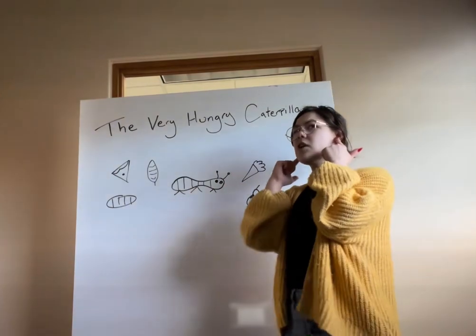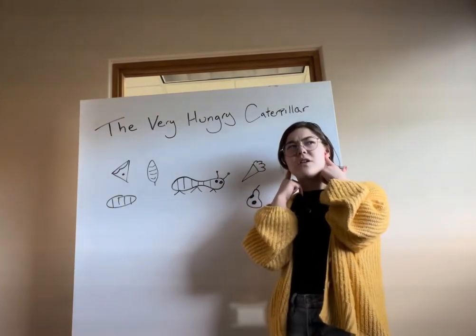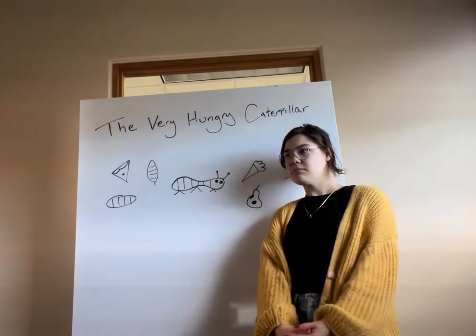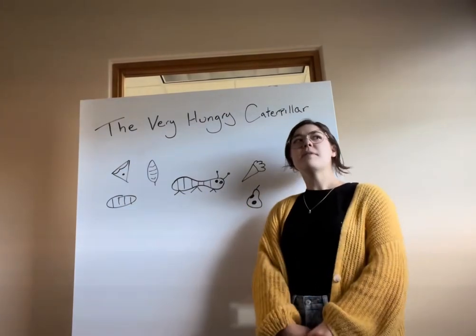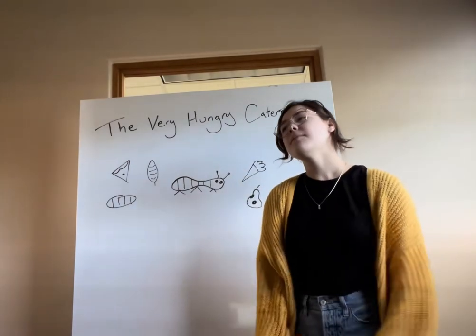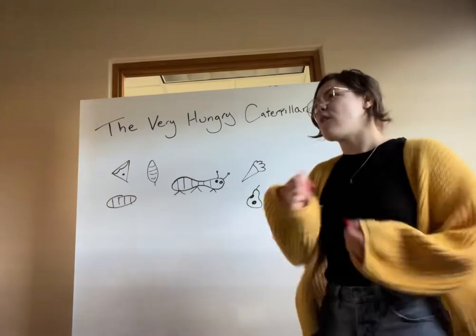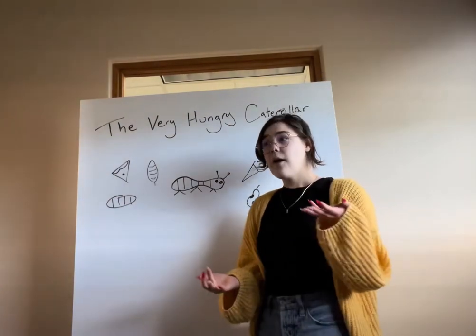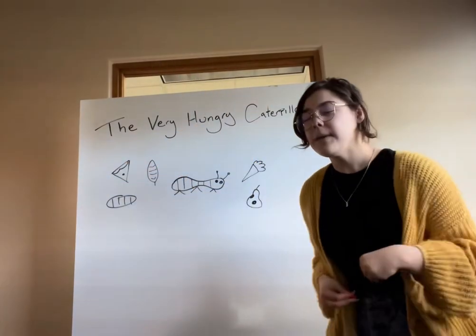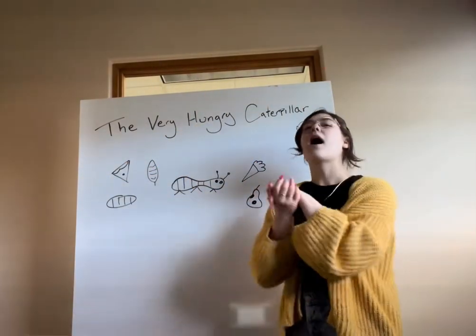So when you hear the author say, but he was still hungry, does that mean that the caterpillar is gonna go to sleep? No. Go to Six Flags? No. Go off to work? No. What does it mean? He's gonna eat more, because he is still hungry.